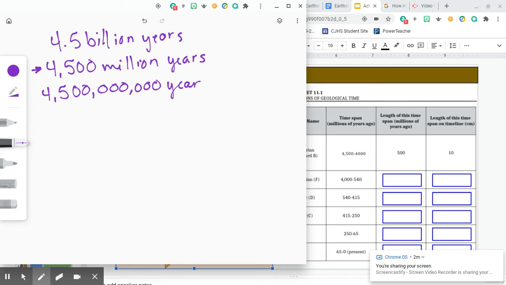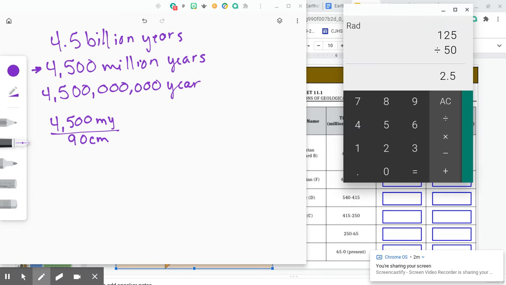So to find out how much 1 centimeter is, we're going to take this 4,500 million years and divide it by the total number of centimeters on our paper, which is 90 centimeters. So I'm going to pull up my calculator right here, and I'll take 4,500 million years divided by 90.